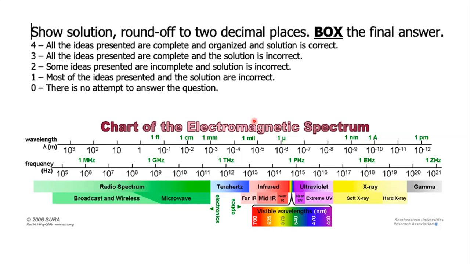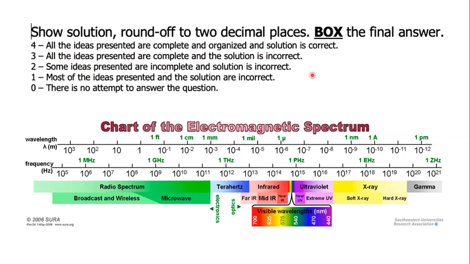All ideas presented are complete and the solution is incorrect. Or this can be stated the other way around: all the ideas presented are incomplete and the solution is correct. So therefore, you still get 3 points.